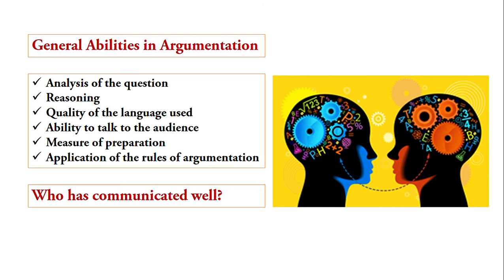And you need to be able to prepare effectively before the speech delivery. And of course, you need to apply all the rules of argumentation together with the rules of public speaking and persuasion, because argumentation is the bottom line of all the speech activities that we had in this class.